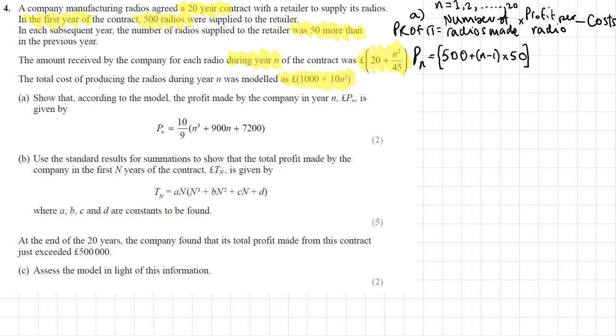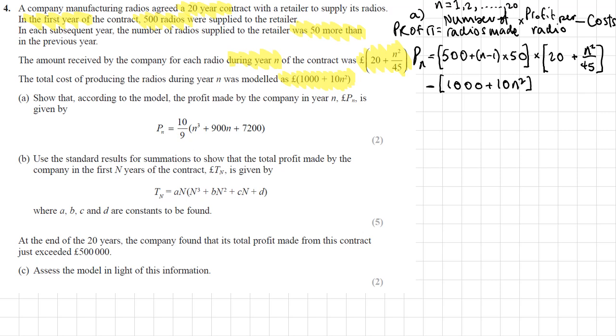So let's times that by 20 plus n squared over 45. And then I need to subtract from that my costs, and they're modelled as 1000 plus 10n squared.